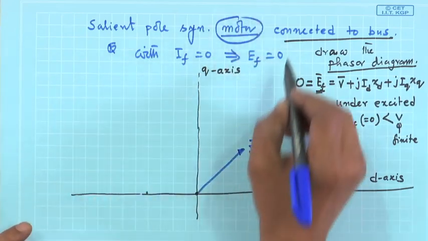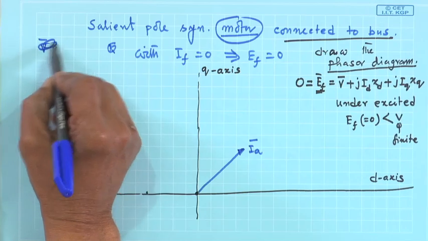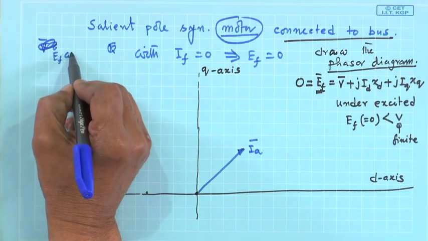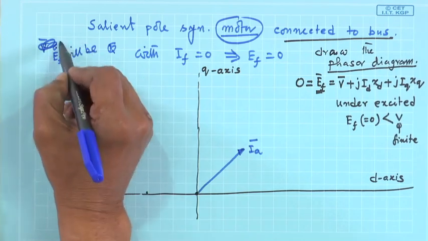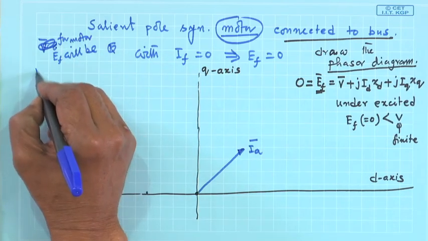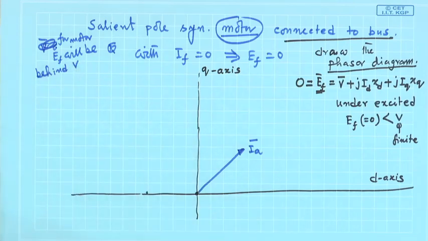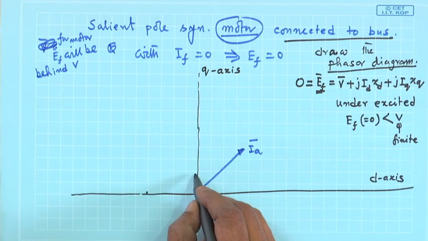In motor mode, for motor, Ef will be behind V. So, Ef is here.